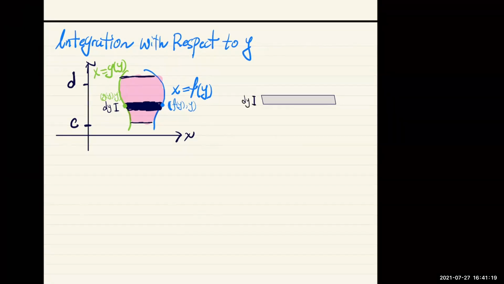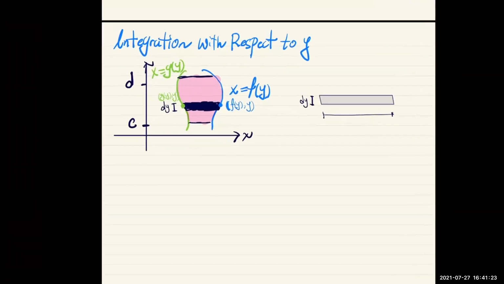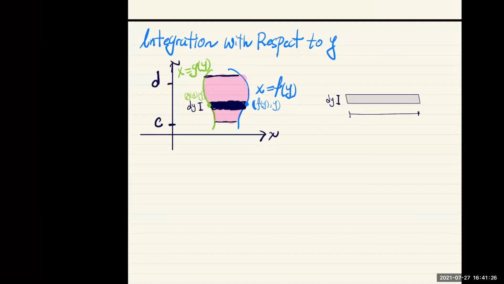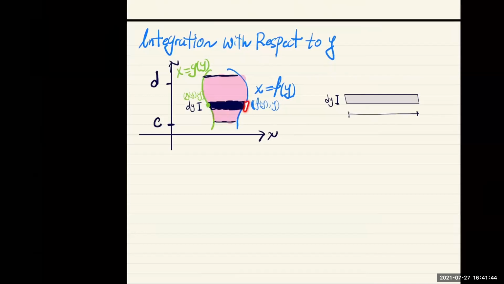If you're finding the length of this rectangle, it's going to be the right function minus left. It's the bigger x minus the smaller x. It's f of y minus g of y. Imagine this x is 5 and this x is 3.